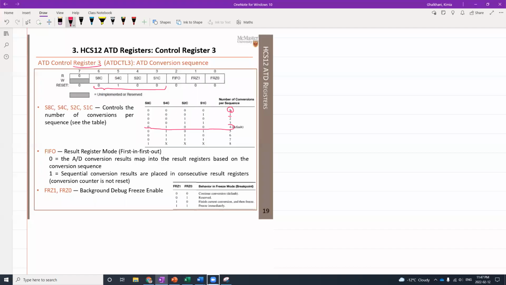So if you have a smaller signal, then it will do more conversions. It will go up to even 8 conversions for the same channel. So it means you have 8 variables for a single channel, and this is good.